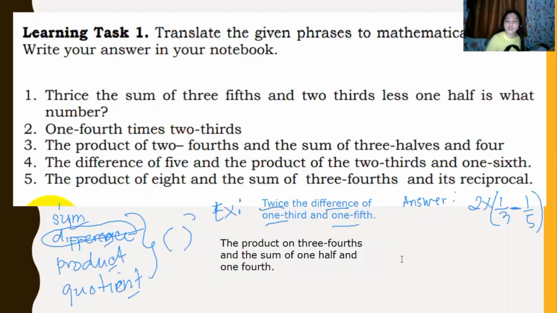Okay, this is our next example. The product of 3/4 and the sum of 1/2 and 1/4.